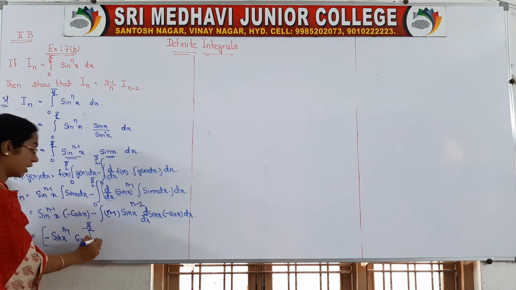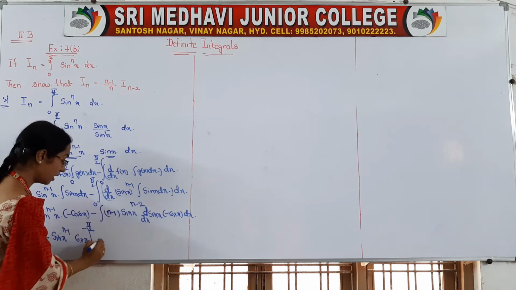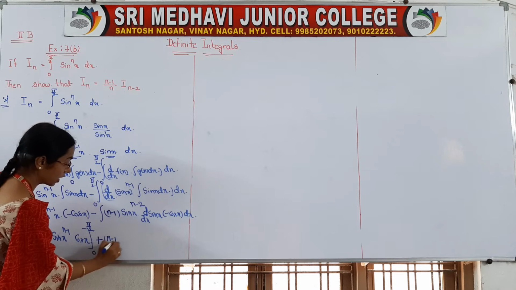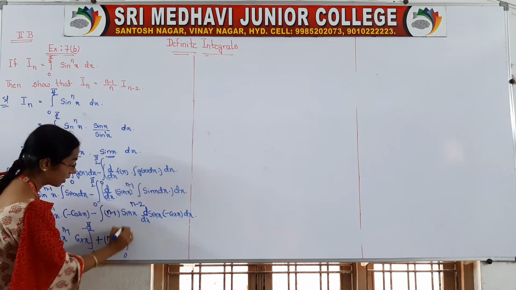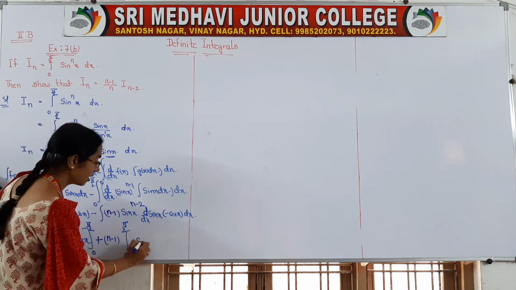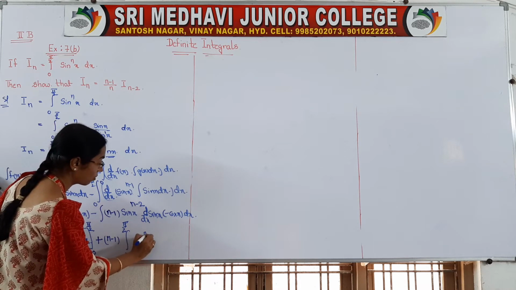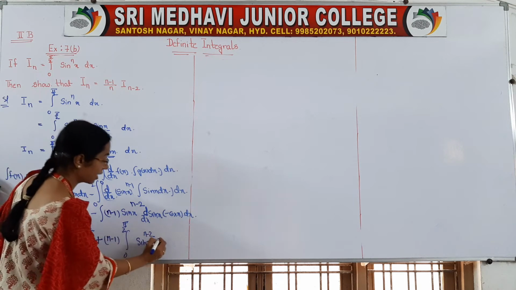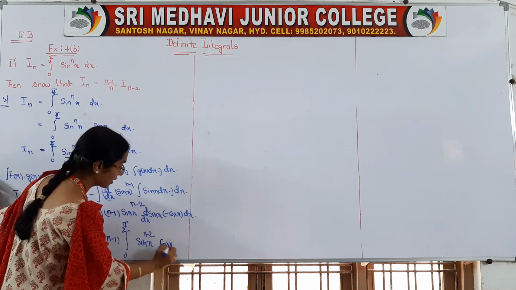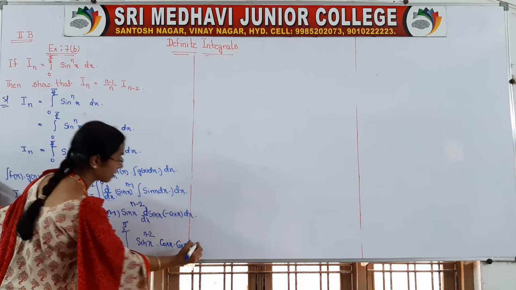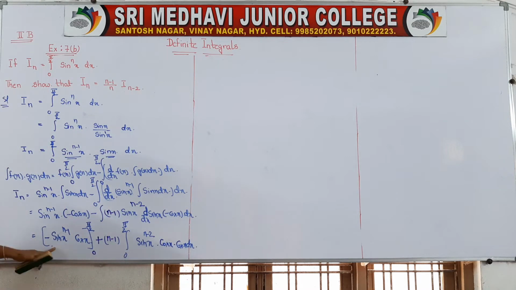Then here minus of minus plus, it is a constant, you write outside: n minus 1 integral 0 to pi by 2 sin x to the power of n minus 2 into d by dx of sin x, which is cos x, into cos x dx.